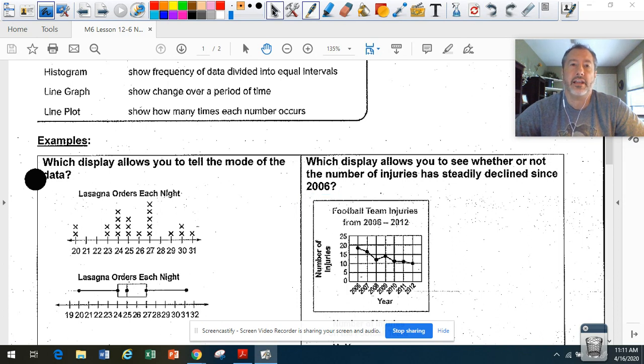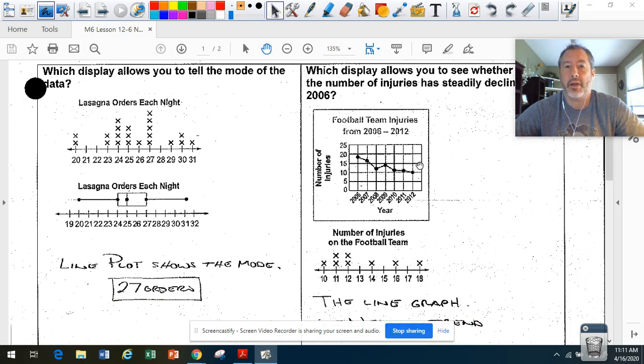Since we're looking at things over time, it's better to look at the line graph here. Over here with the line plot, it's really not going to tell us a lot. It looks a little bit at the spread of the data, a little bit at what our modes are and stuff, but not a whole lot here.